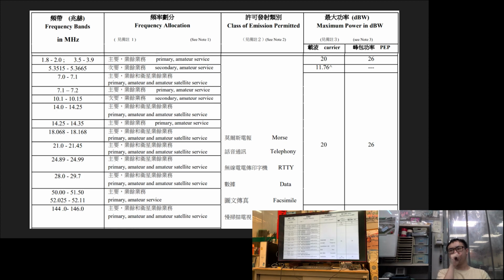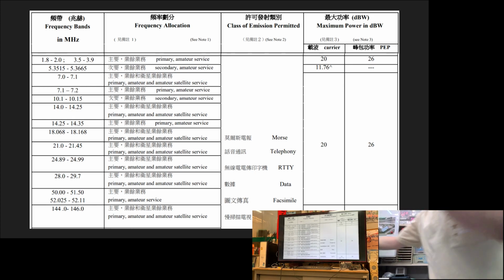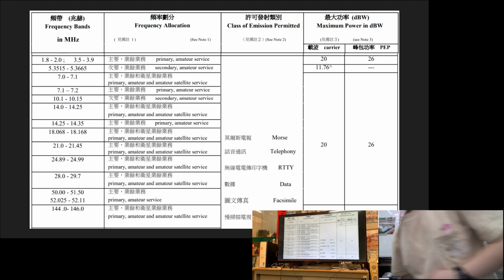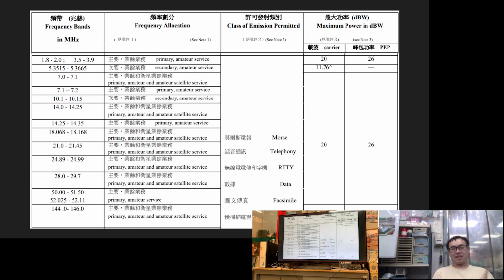But it doesn't have a bracket. So if I follow this schedule, that means I have to use my 21 megahertz transmitter as a fixed station only. Yes. Or if you bring it out, you have to tune it down. Because looking at the table, it doesn't allow me to take it out. Yes. Right?